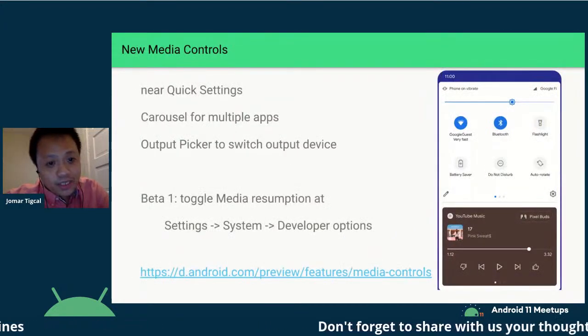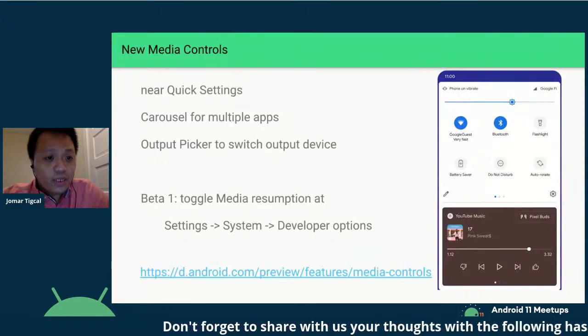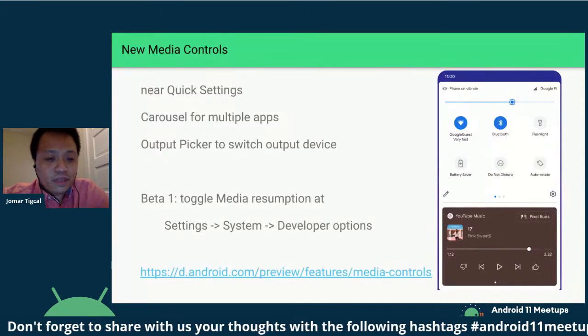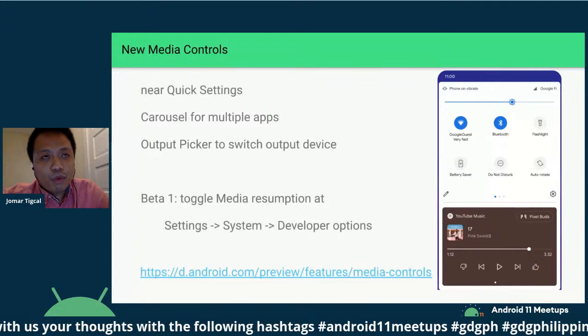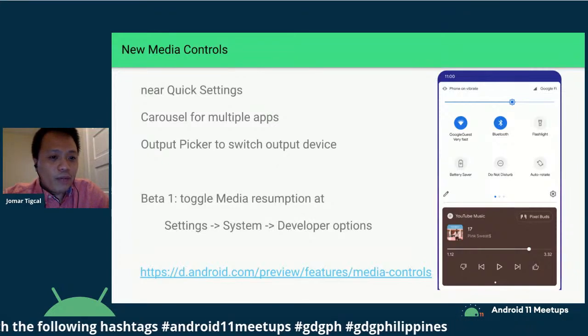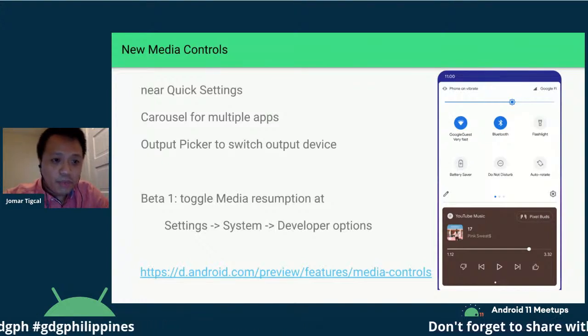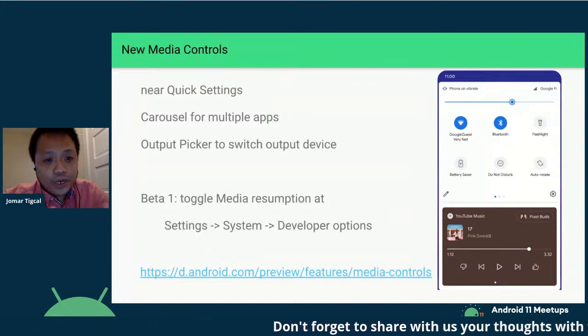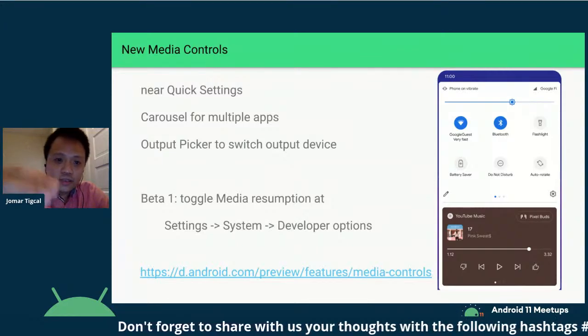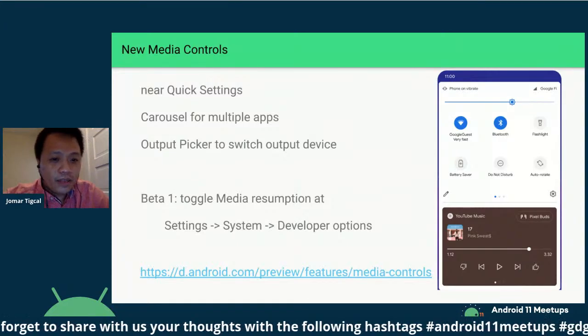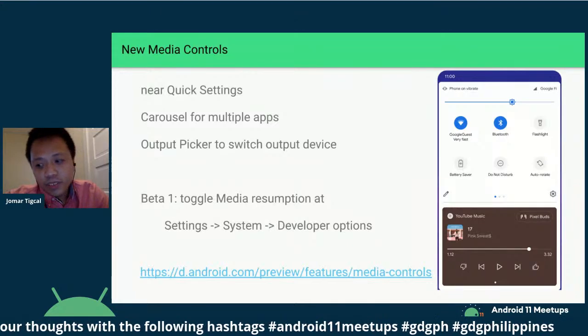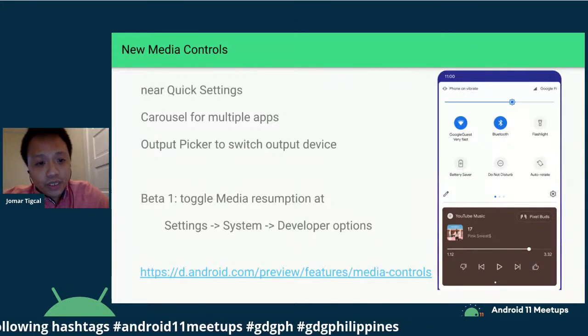Okay, another thing is the new media control. This is the pause and play button when you're playing media or audio. Previously it was a different classification, but right now it's going to be near the quick settings.